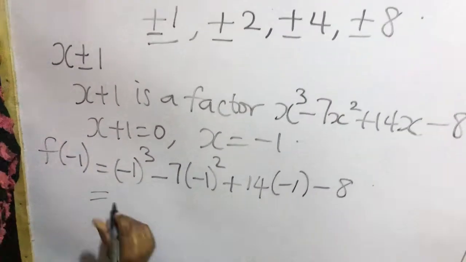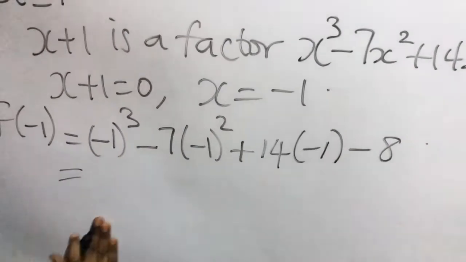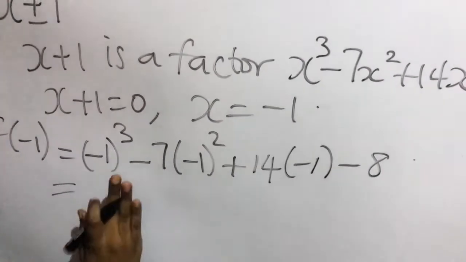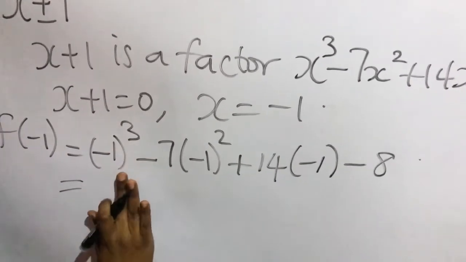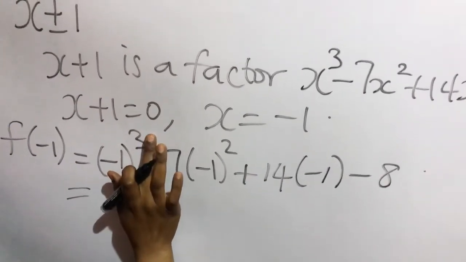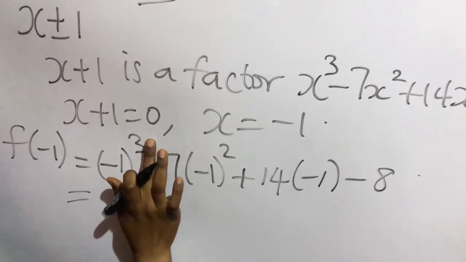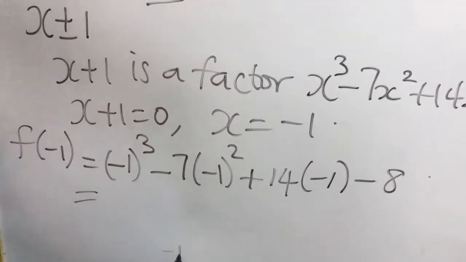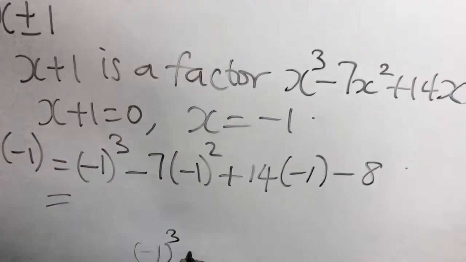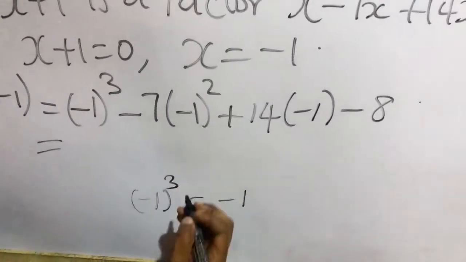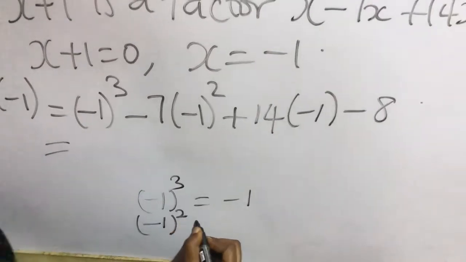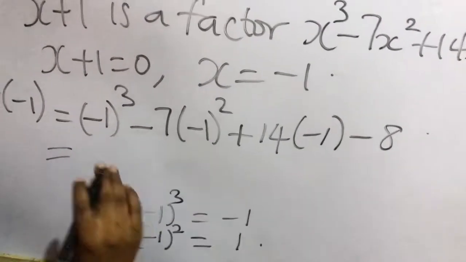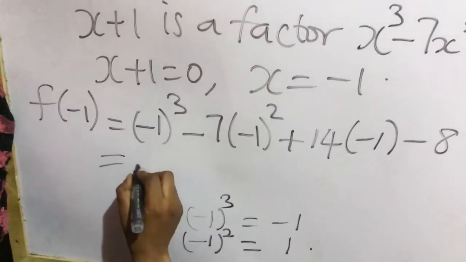In the last video I told you that a negative 1 raised to the power of an odd number will give you negative 1. So minus 1 raised to the power of 3 will give you minus 1, while negative 1 raised to the power of an even number will give you positive 1. So here we have minus 1.